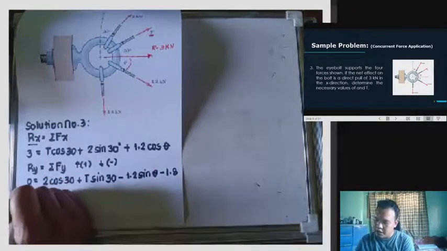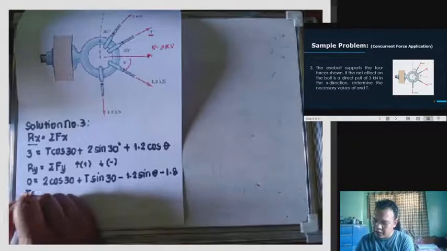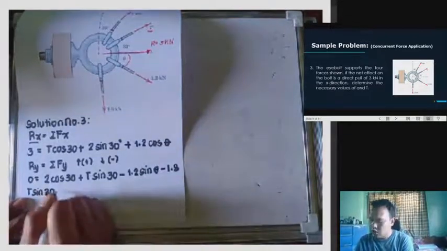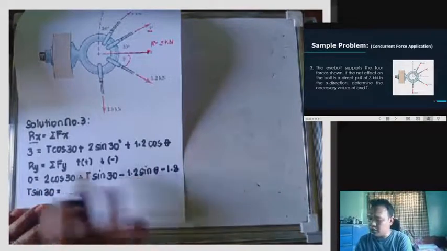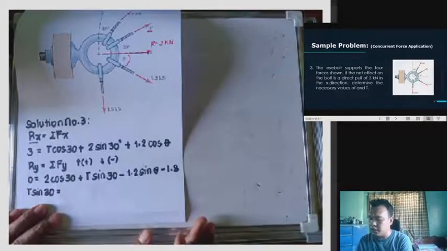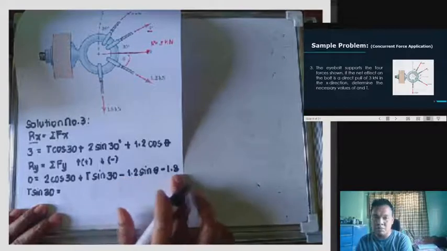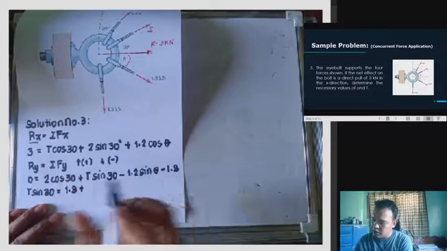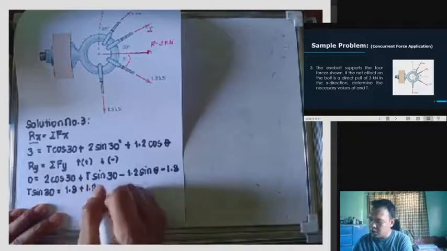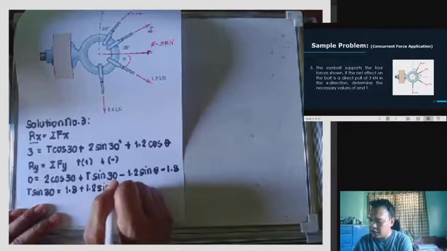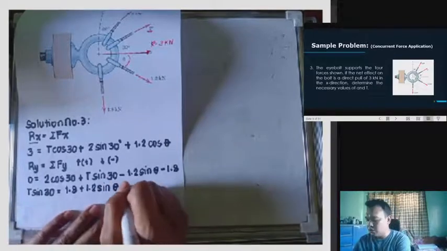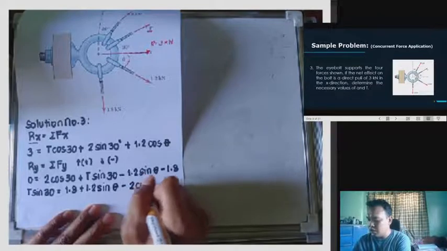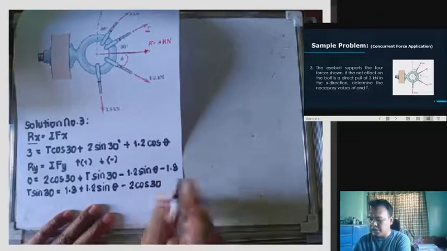So we have here T sine 30 equals, ito pag nilipat ko sa kabila, magiging positive na to at positive na din to, tama? So we have here 1.8 plus 1.2 sine theta minus ito, pag nilipat ko sa kabila, 2 cosine 30.